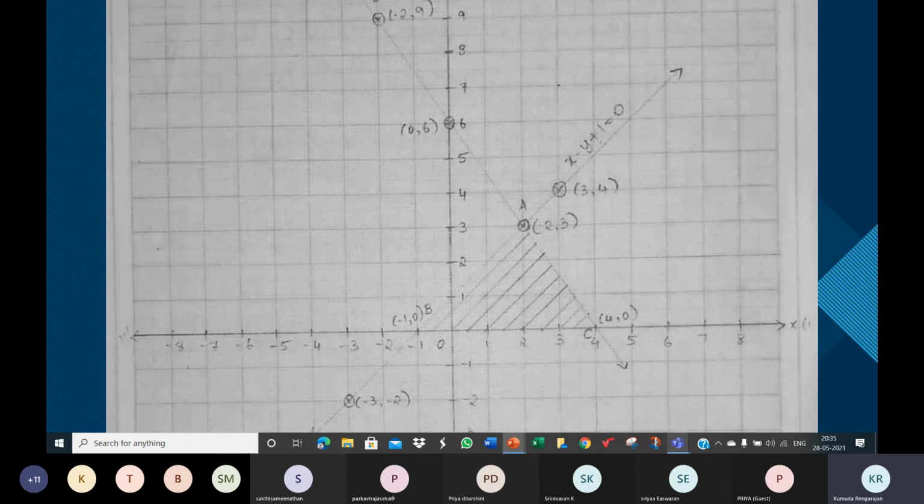The x-axis is a straight line. The y-axis is a straight line. On the x-axis, y is always 0.